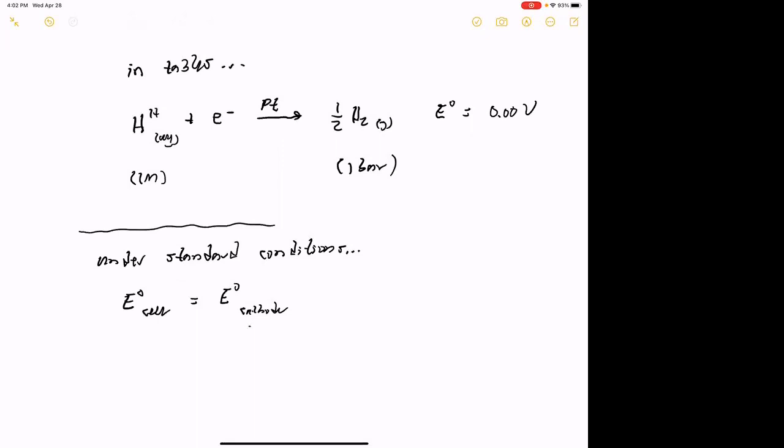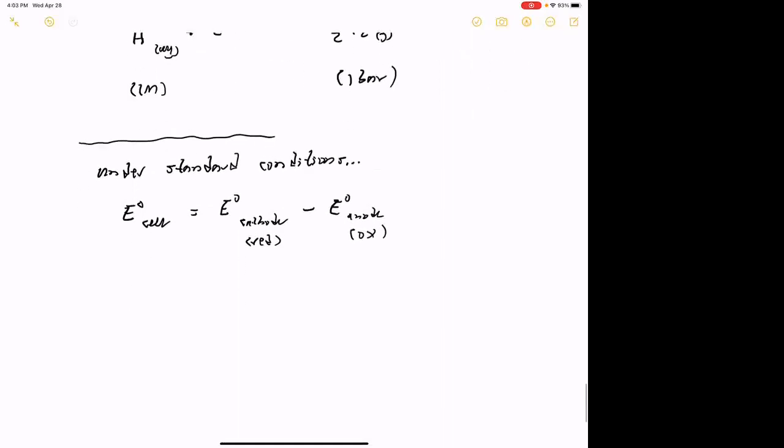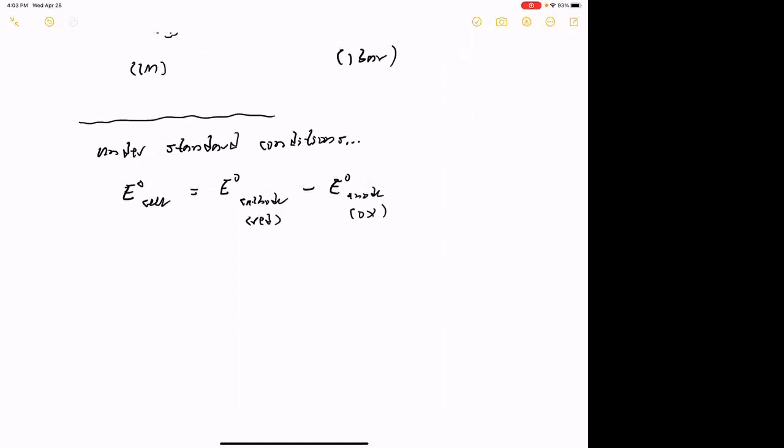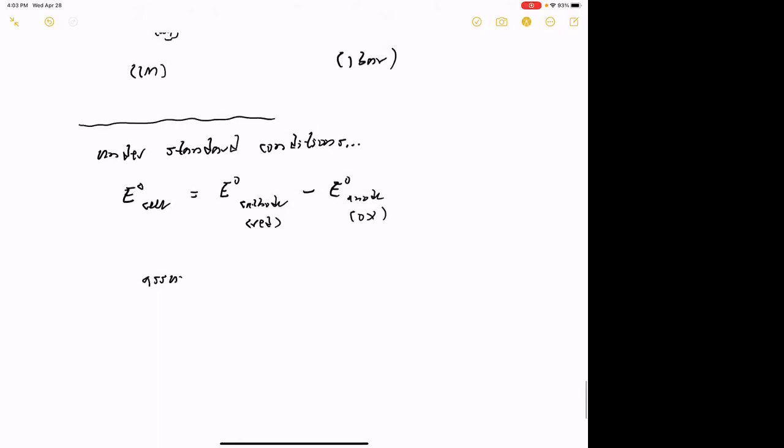Reduction. Yeah, reduction happens at the cathode. Minus the E0 of the anode, and remember what happens at the anode. That's where oxidation occurs. Now, the assumption here is that both of these are written as reduction reactions, because that's where we find them in the table, right?